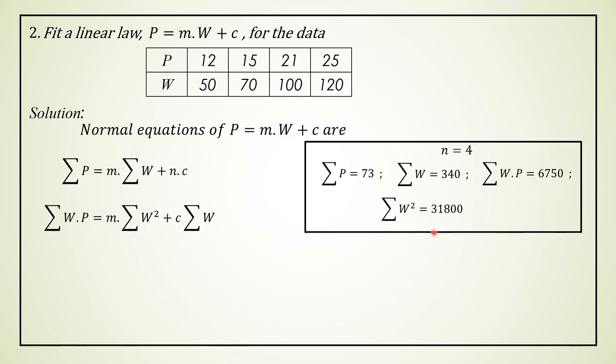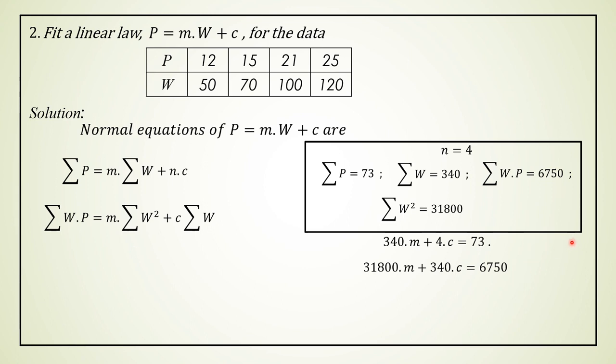Substitute these values in these normal equations so that you are going to get simultaneous equations with two unknowns, and the equations over here are 340m plus 4c is equal to 73, 31,800m plus 340c is equal to 6,750.